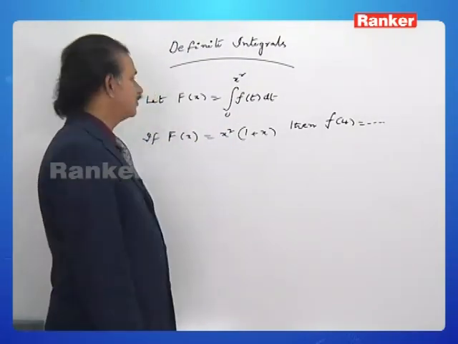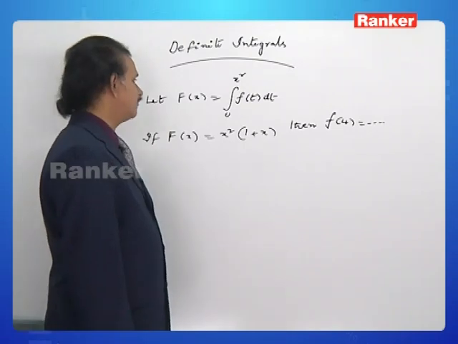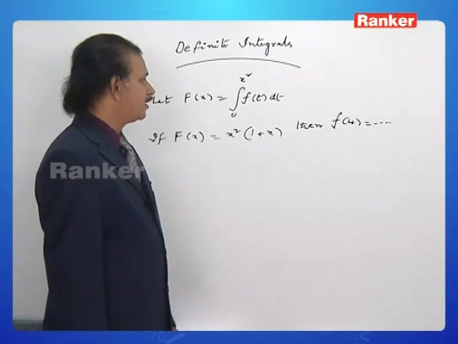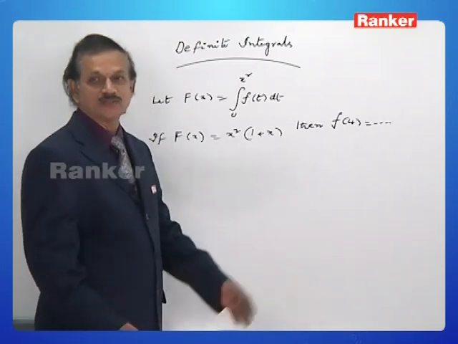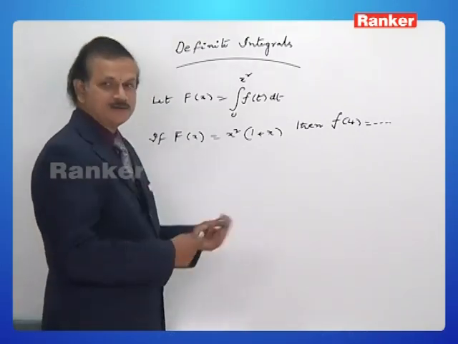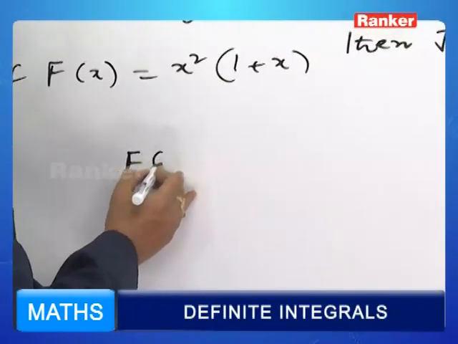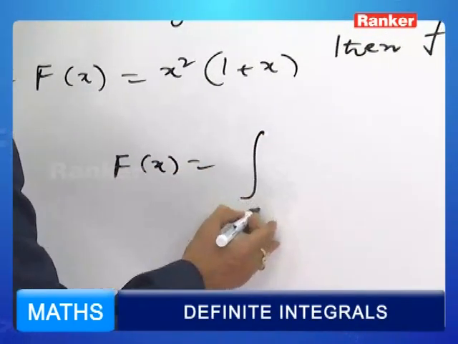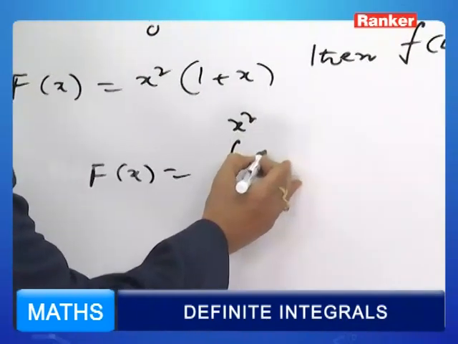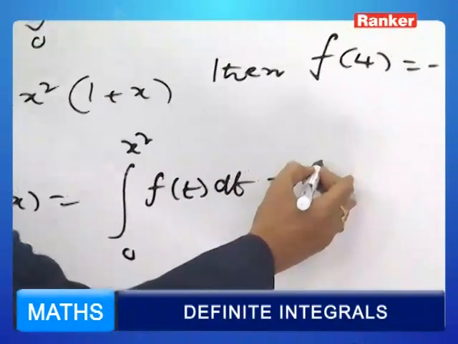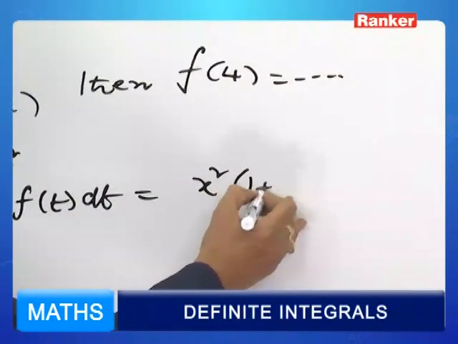You follow the question carefully. Capital F of x is equal to integral 0 to x square of f of t dt. And if capital F of x is equal to x square into 1 plus x, then f of 4 is, well, let us try. Integral 0 to x square f of t dt is equal to x square into 1 plus x.